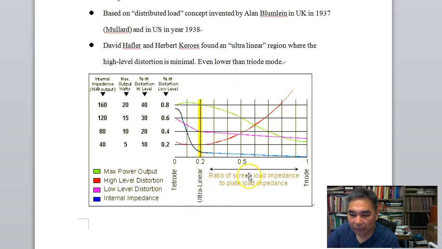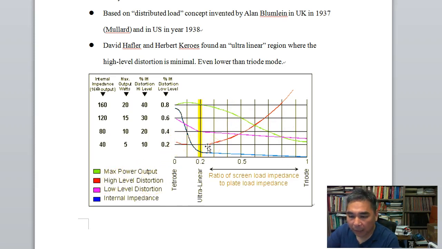Here we can see that with different winding percentages, the circuit can be on the one extreme very close to a triode, and on the other extreme close to a pentode. The green line is the maximum power output, so the closer to the triode mode, the lower the output power. High-level distortion is represented by the red line.